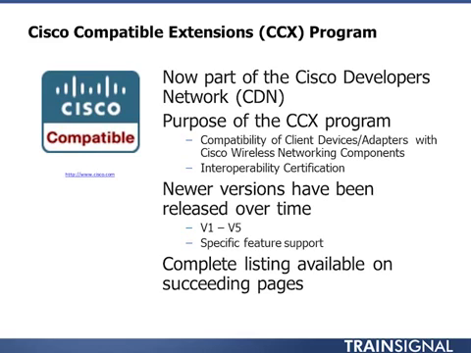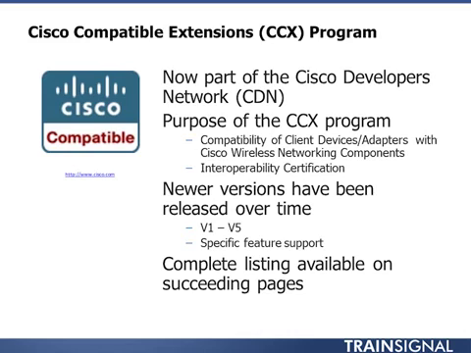Now, Cisco's compatibility program follows a specification, and so there's several releases of the specification that just builds and adds additional new features. There's version 1 through to version 5. You would look at those versions and look at the specific features that you want.